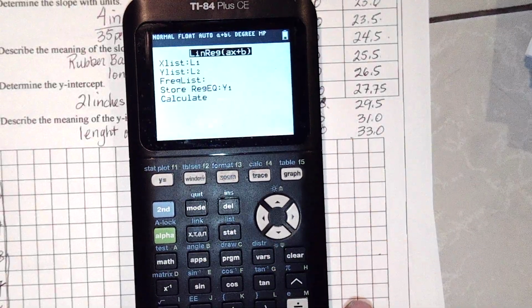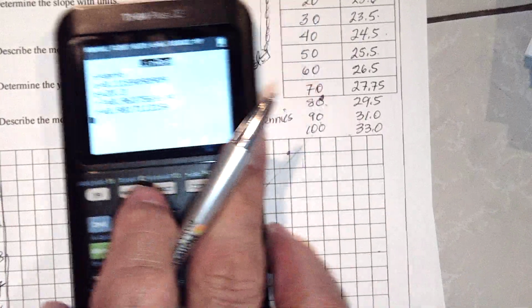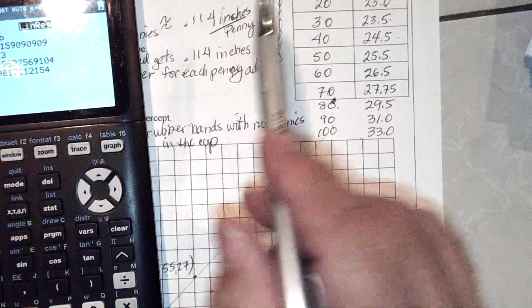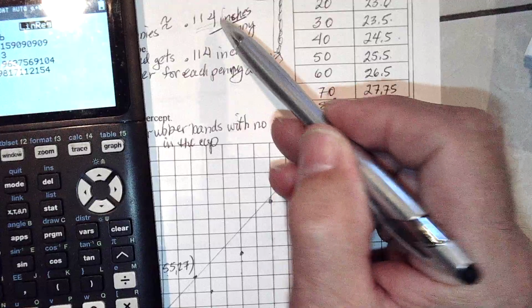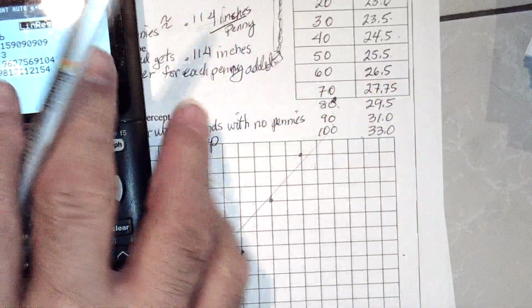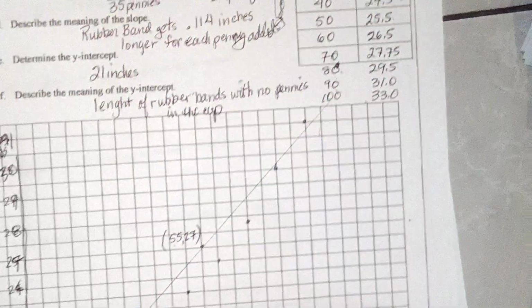So press enter and enter, and it picked a slope of 1.159, 1.16. A little bit more change per penny. It has a y-intercept of 20.3 inches. We said 21, so that's close too. So let's go over here.